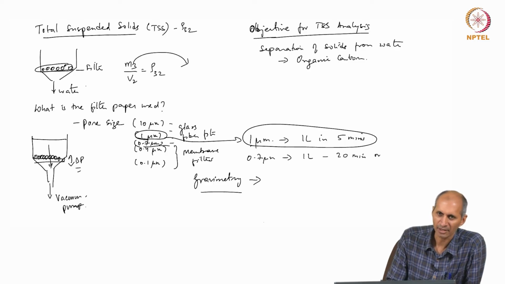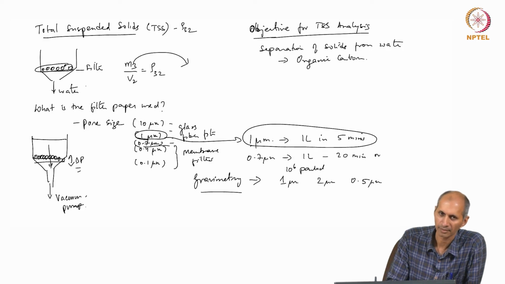So, gravimetry: if I take particles that are 1 micron versus particles that are 2 micron versus particles that are 0.7 micron, 0.5 micron, and let us say there are 10 raised to 6 particles, you calculate the mass contribution of each.